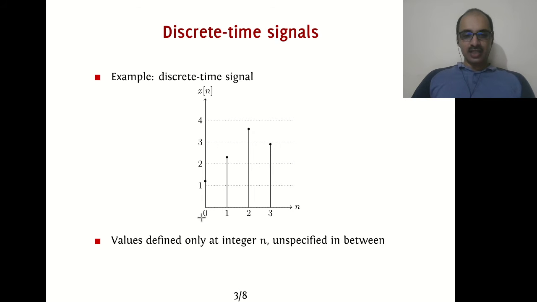Notice that the values are defined only at integer values of n, and in between the value is not defined. So it is not appropriate for us to ask what is the value of x of 0.5 or something of the sort. It is defined only for integer values of n. It's unspecified for any other values.